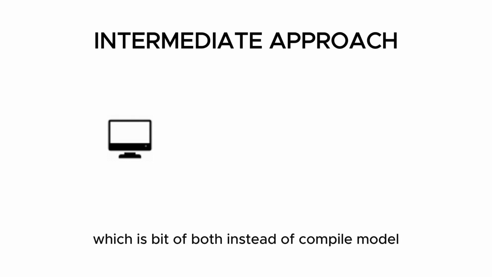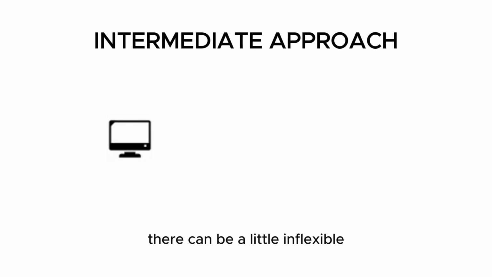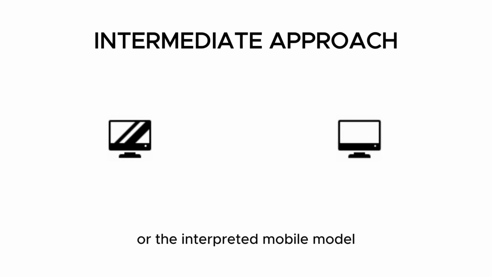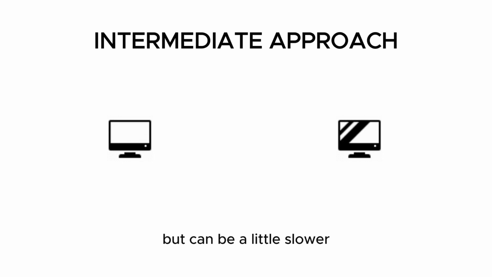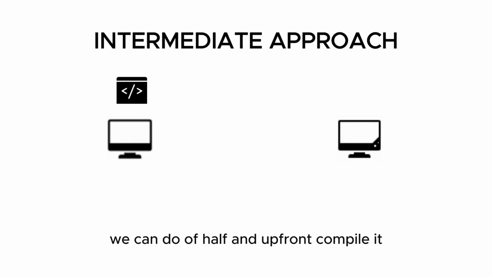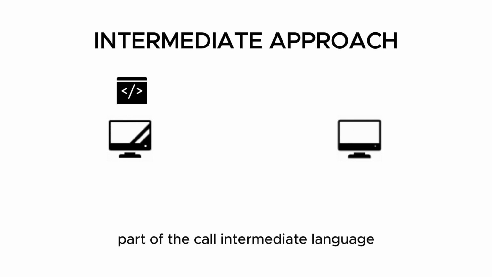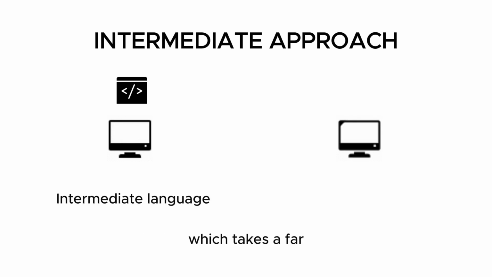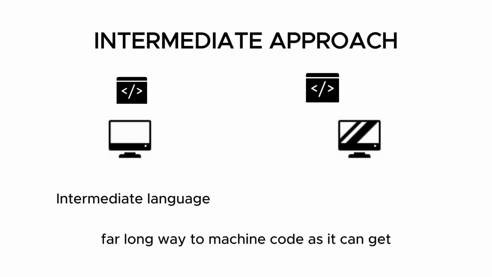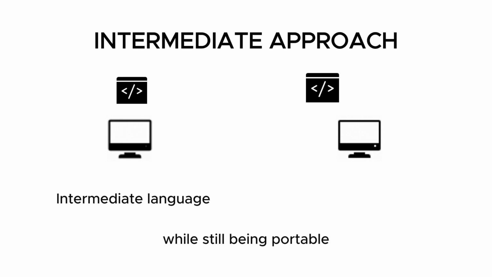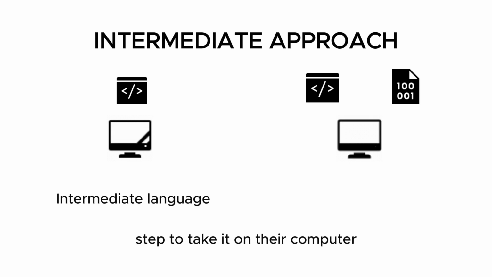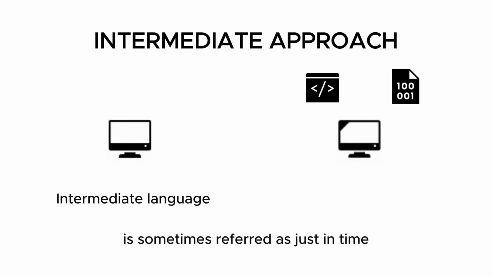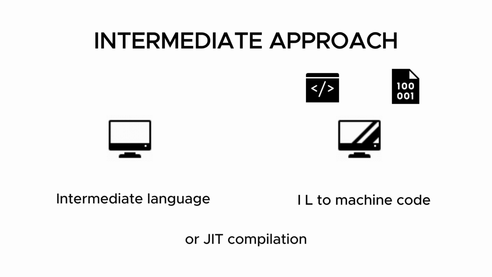Instead of the compile model where all the work is done up front, which can be a little inflexible, or the interpreted model where all the work is done on the receiving end but can be a little slower, we can do half and half. We compile part of the way up front into what's called an intermediate language, which takes it as far along the way to machine code as it can get while still being portable. The final step, taken on their computer, is sometimes referred to as just-in-time or JIT compilation.